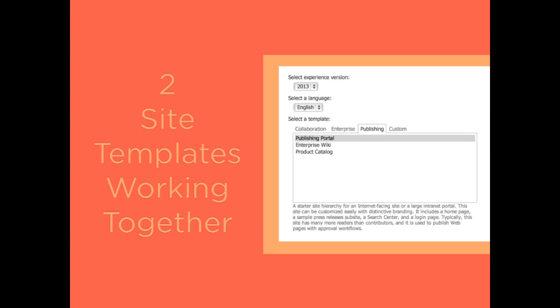But the third, under the publishing section, you can see I have the product catalog template. And this is the site template that I'm going to use to create the lists and libraries, but mostly lists where people are going to author the content, right? So again, it's called product catalog. Ignore that fact, okay? It has nothing to do with actual selling of products.